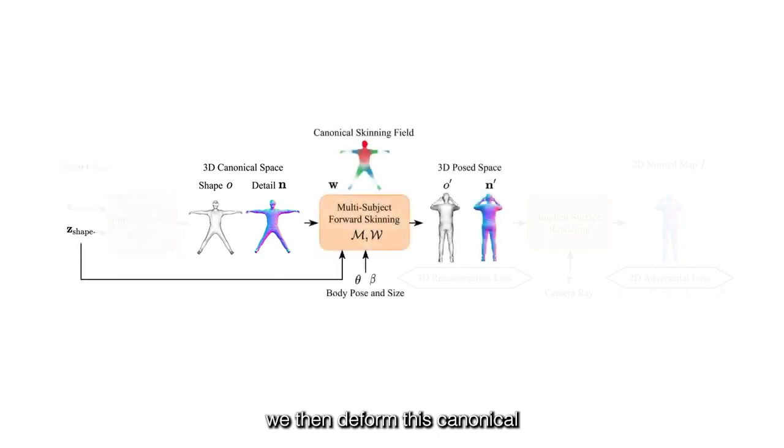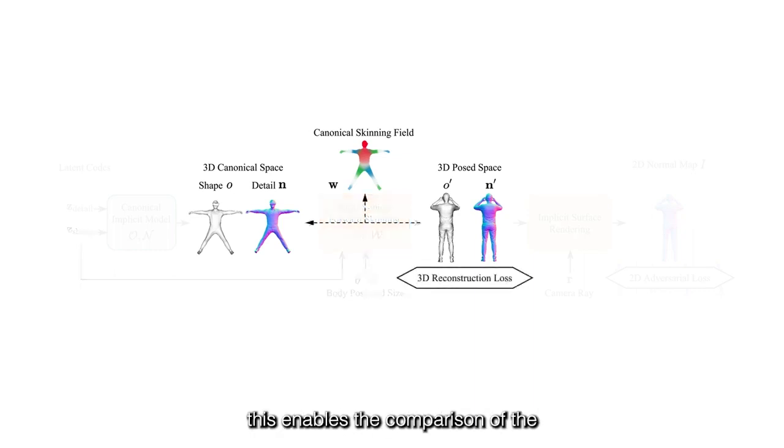We then deform this canonical representation to a target body pose theta and size beta via a novel multi-subject implicit linear blend skinning module. This enables the comparison of the generated shapes with real-world posed scans, and thus allows training of canonical shapes and skinning weights without direct supervision.